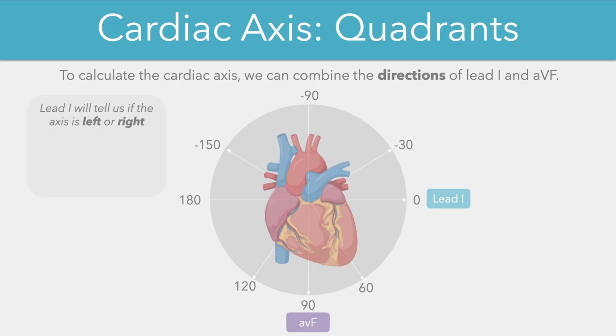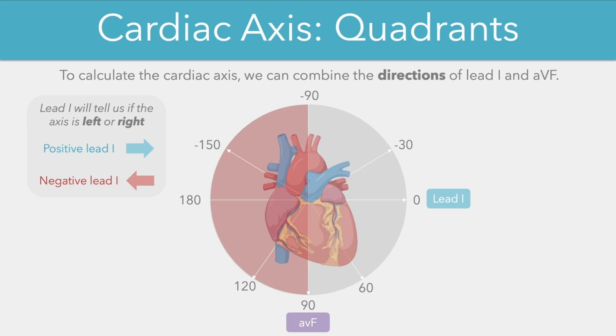When the majority of the cardiac impulse moves towards lead 1, this will be picked up as a positive deflection in that lead, and it will tell us that the axis lies on the left side of the heart. Alternatively, if the majority of the cardiac impulse is moving away from lead 1, this will be picked up as a negative deflection, and it will tell us that the axis lies towards the right side of the heart.